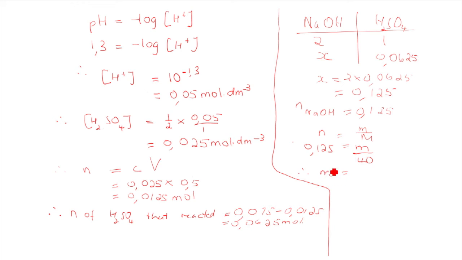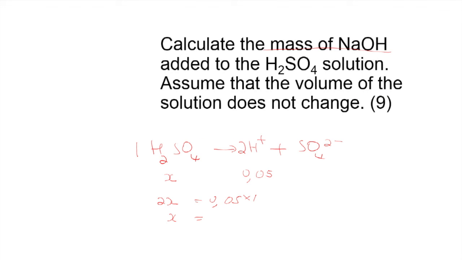So you multiply 40 by 0.125, and what do we get? You get 5 grams. There you go, guys. Now you have your answer, and this is what was needed.